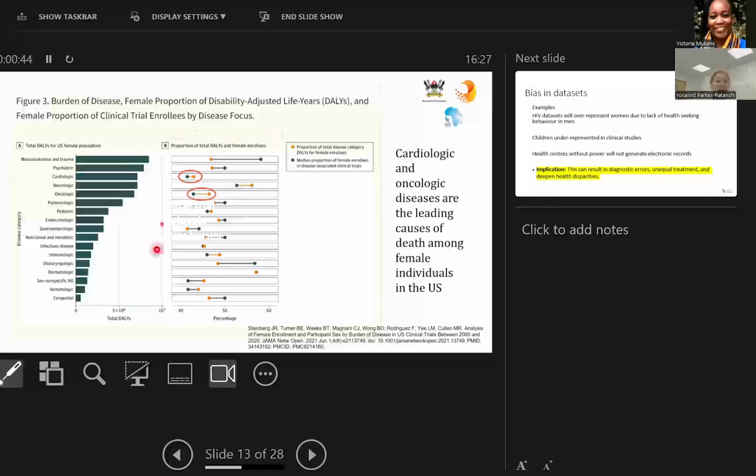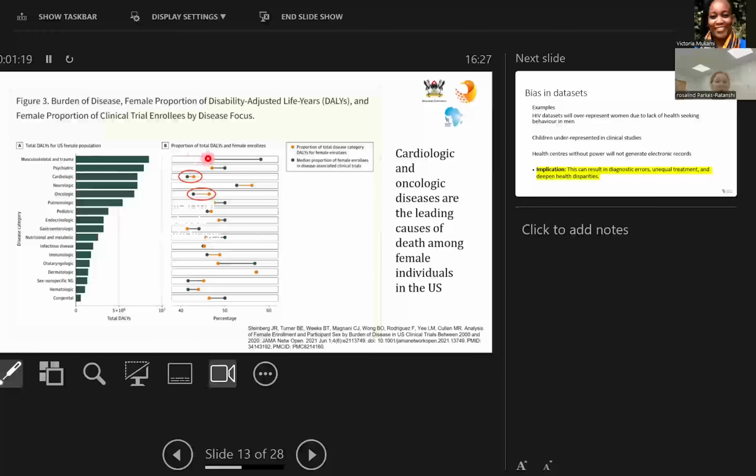What we have here is the gender balance of studies that have recruited both men and women. And what we have on the left in the orange is the number of women or the proportion of women enrolled in the study. And what we have on the right-hand side in the green is the proportion of women compared to men that are affected by this disease.